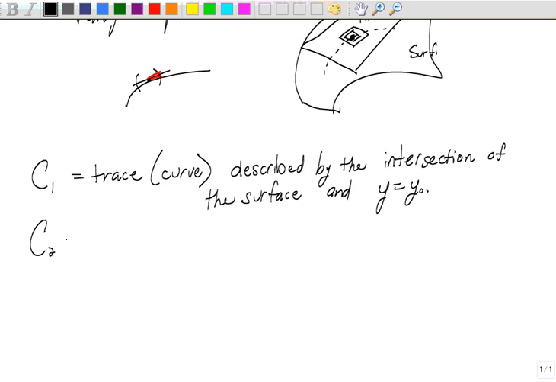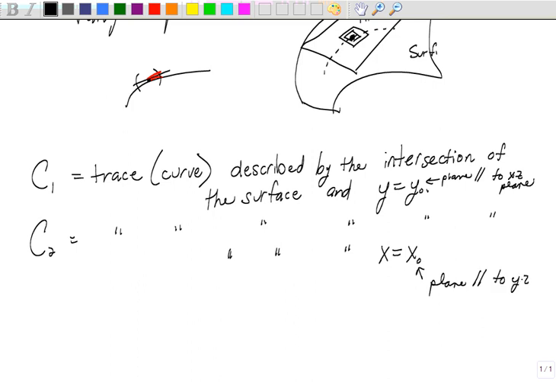And C2 is going to be the trace of the curve described by the intersection of the surface and x equals x0. So this plane is parallel to the xz plane, and this plane is parallel to the yz plane.